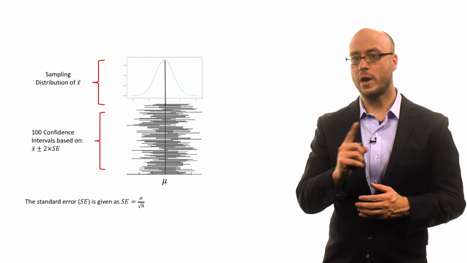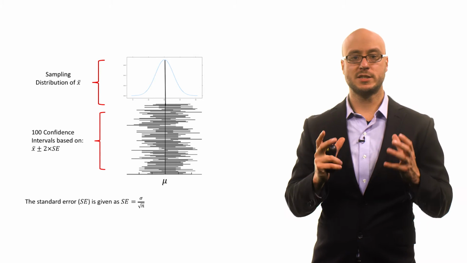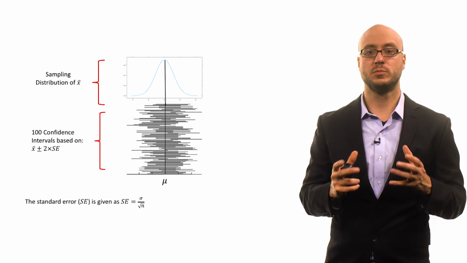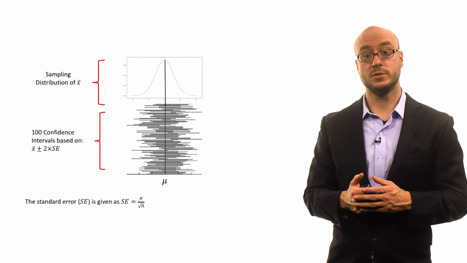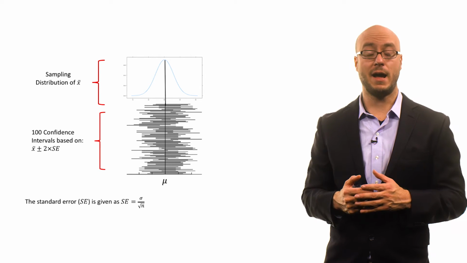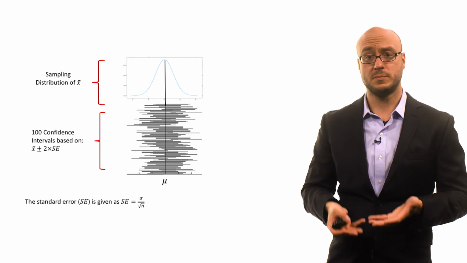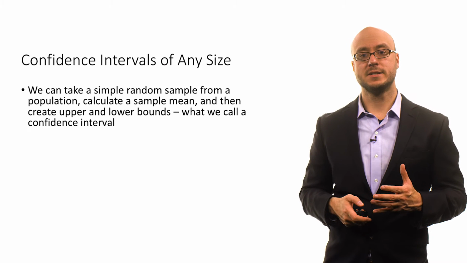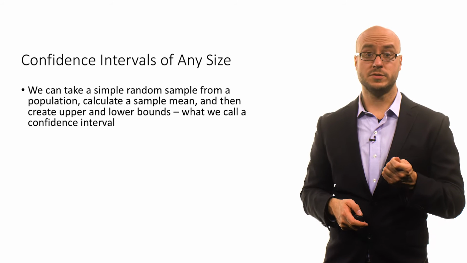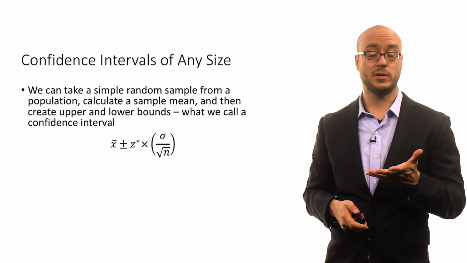You don't know where in the interval it's going to be located, but you'd expect 95% of those intervals to contain the true population mean. That's because we know about the shape of the sampling distribution. We have a pretty good idea of what it looks like. It's going to be approximately normal, especially when the sample size is pretty large. To calculate confidence intervals of any size, we don't use 2, we can use what we call Z star.